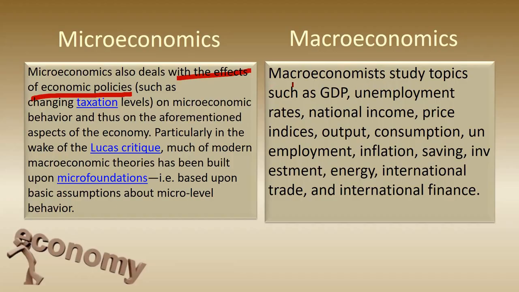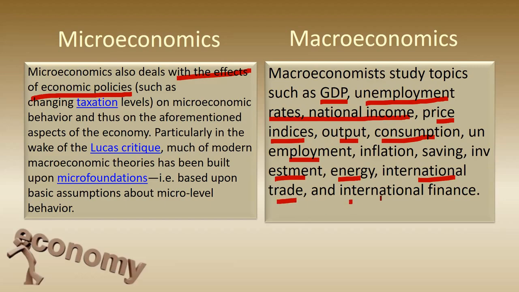But in macroeconomics we study topics such as GDP, gross domestic product, unemployment rates, national income, price indices, that is output, consumption, unemployment, inflation, saving, investment, energy, international trade, and international finance. All these are the macro approaches.